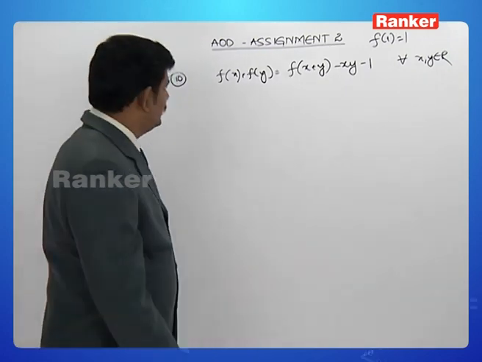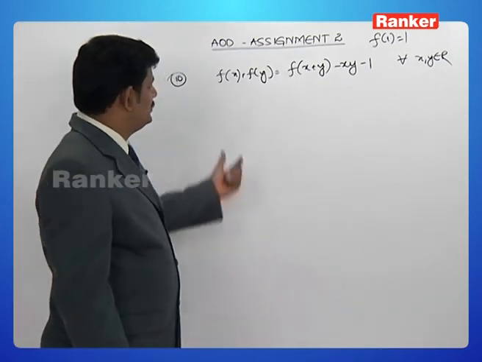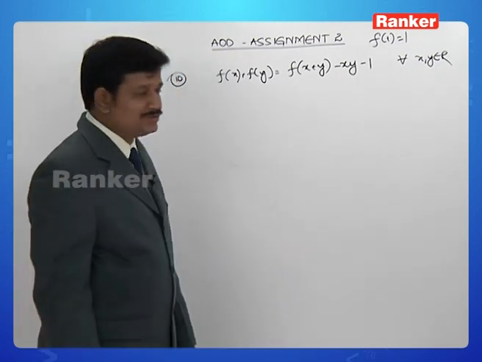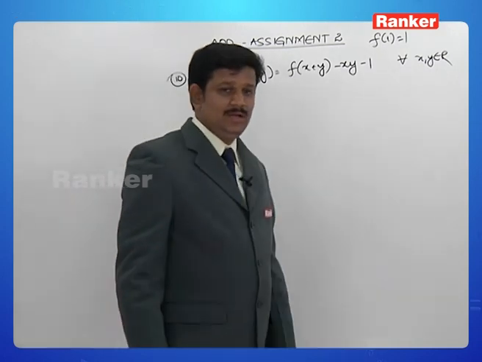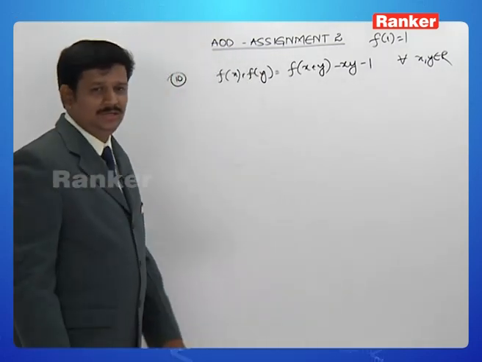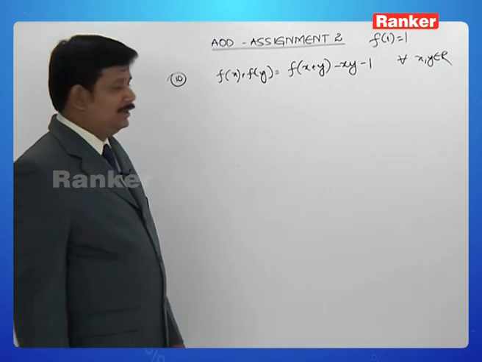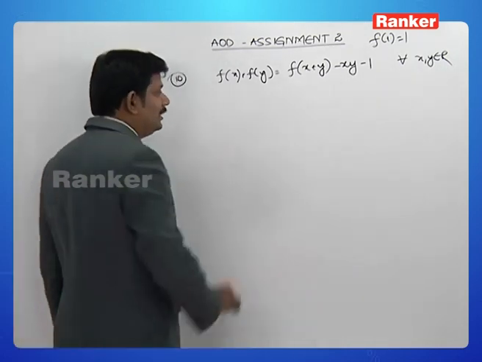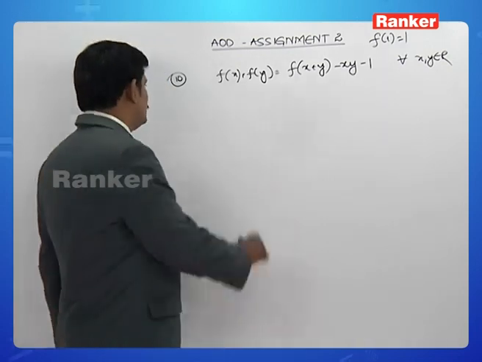So, to do this, because f is given to be differentiable, let me assume y to be a constant for a while, independent of x, and partially differentiate the equation with respect to x, treating y to be independent of x.